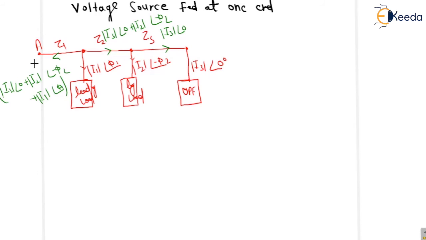If we have the idea of the voltage at point A, then we can calculate the voltages at B, C and D correspondingly.